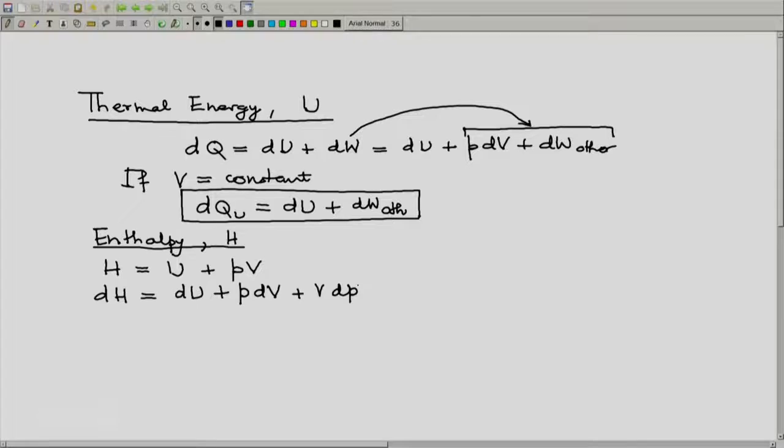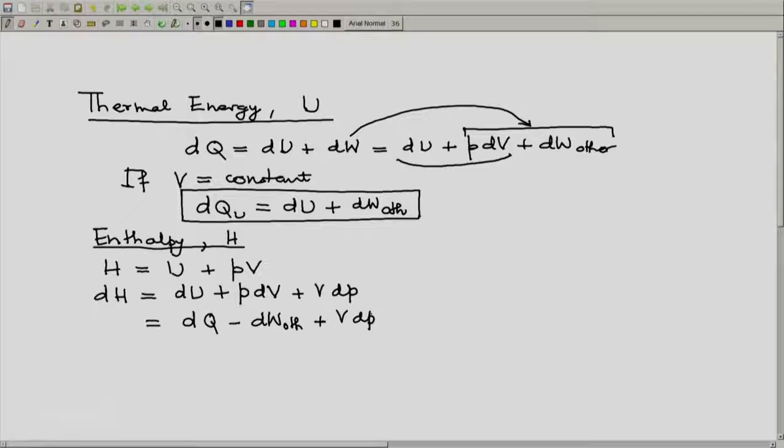Now notice that we have from the earlier expression dU plus PdV is dQ minus dW other. So let us replace it like that and you will get this equal to dQ minus dW other plus VdP.